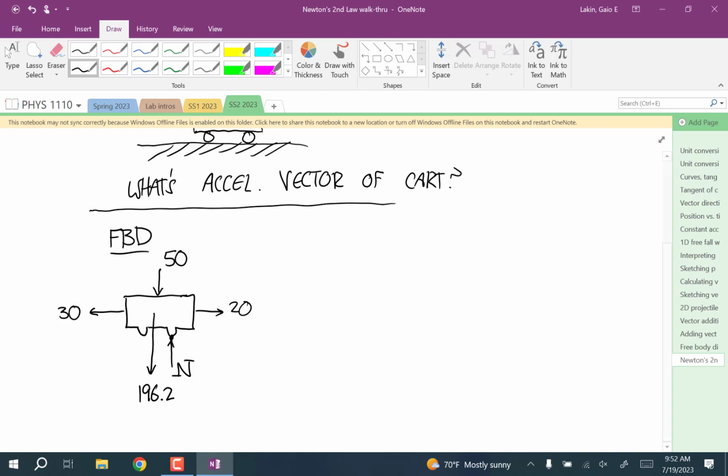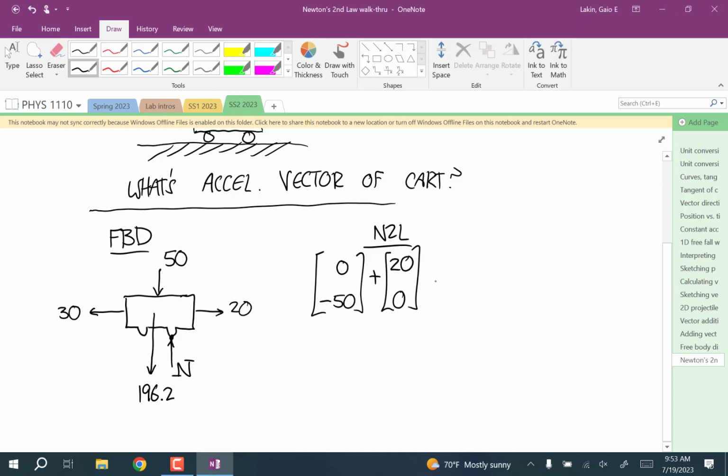Okay, now we have to put these into Newton's second law. So each one of these we have to represent as a force vector. The 50 is in the negative y direction, so that's 0, negative 50. The 20 is in the positive x direction, so that's 20, 0.